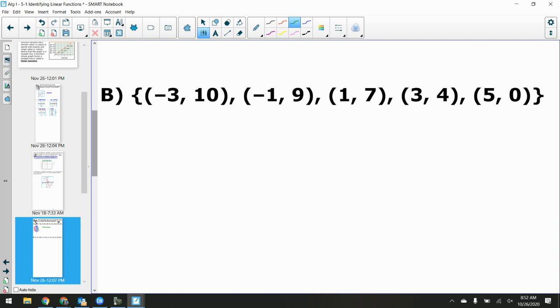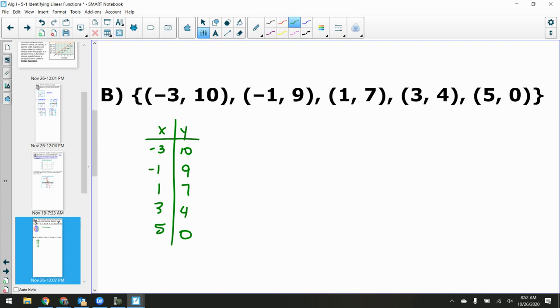All right, so let's take a look here. Here's my XY table. -3, 10, -1, 9, 1, 7, 3, 4, 5, 0. Hayden, what's my change in X? It's not constant. What is it though? What -3 to -1 is what? +2.